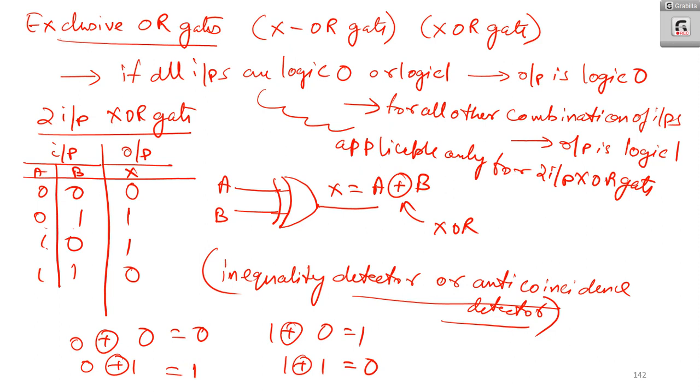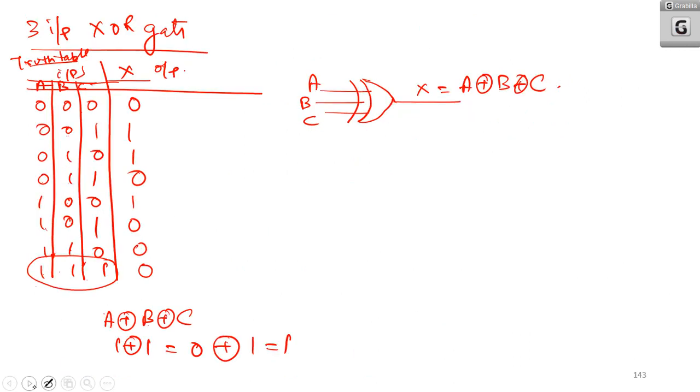Now see, suppose I am taking one input here. If A is 0 and the other input is 1, you will get the output as 1. Now how can you make it an inverter?